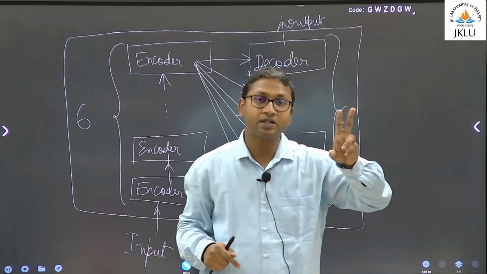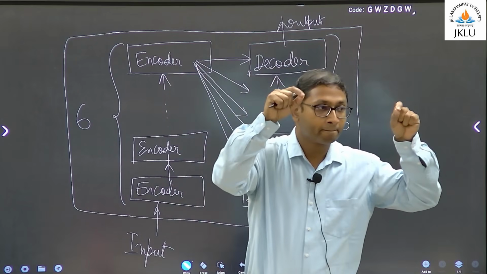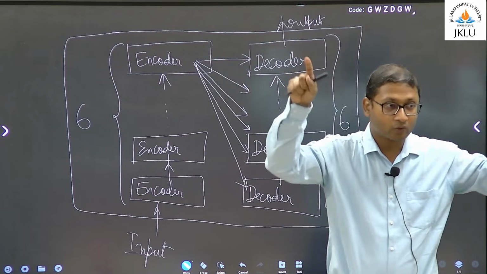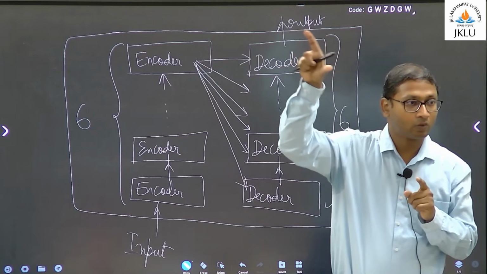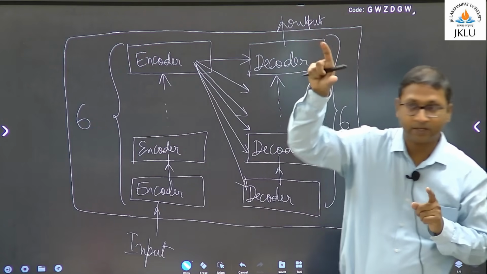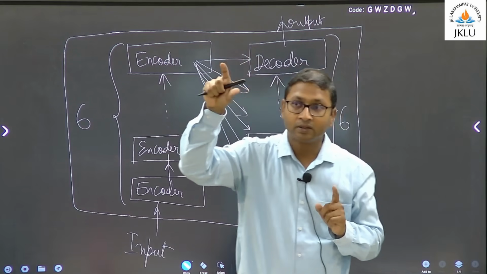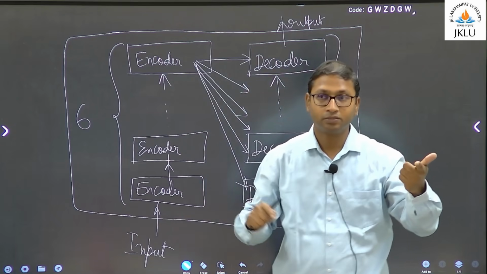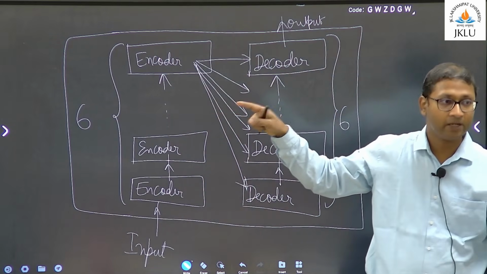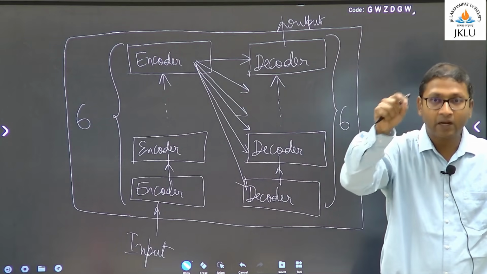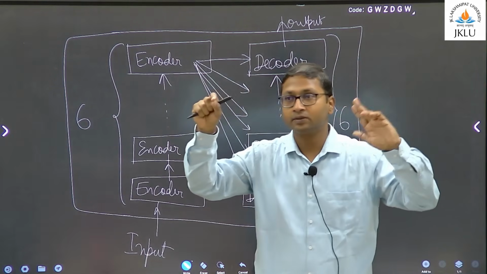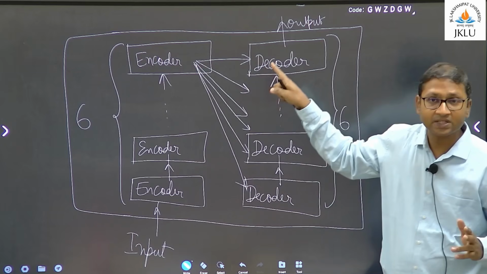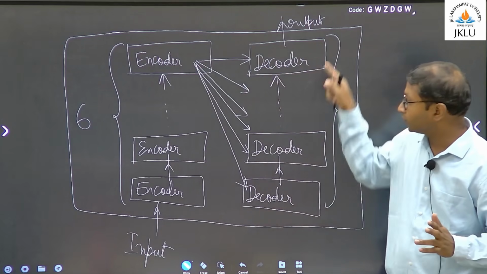What did we do in LSTMs? Whatever was computed by the encoder, that one representation, h, a, whatever we call them, right? That was passed to the input of the decoder, right? So the complete final output of the encoder was passed to the decoder. Okay? In this case, you are passing it to every decoder unit.